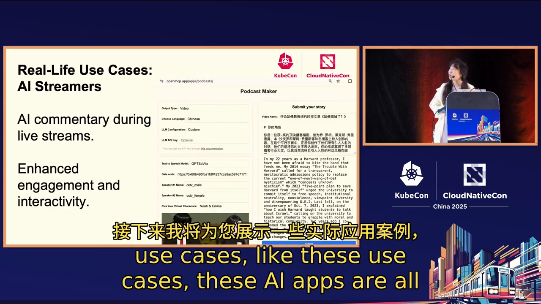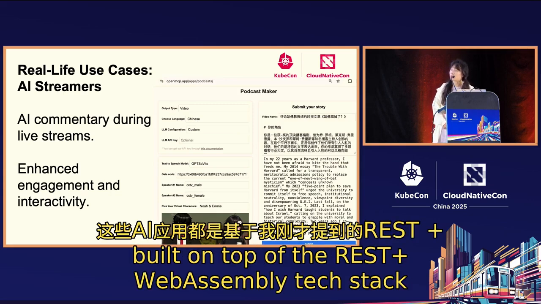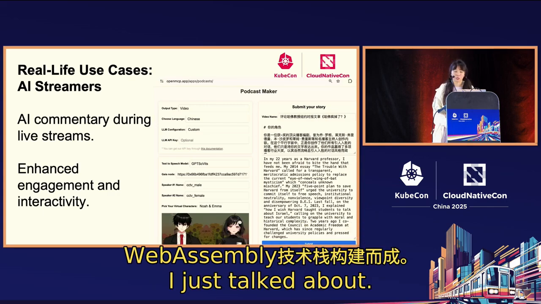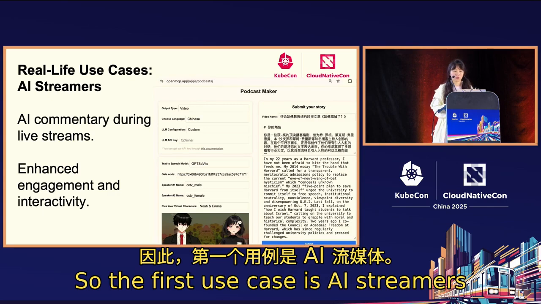So I'll show you several real-life use cases. These AI apps are all built on top of the Rust plus WebAssembly tech stack I just talked about. The first use case is AI streamers.